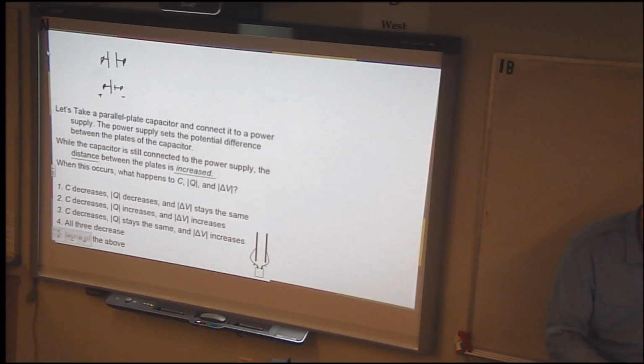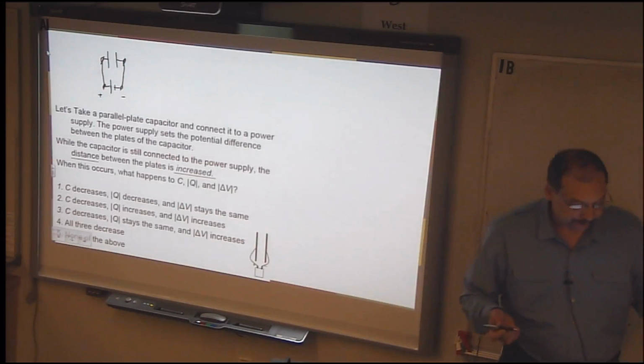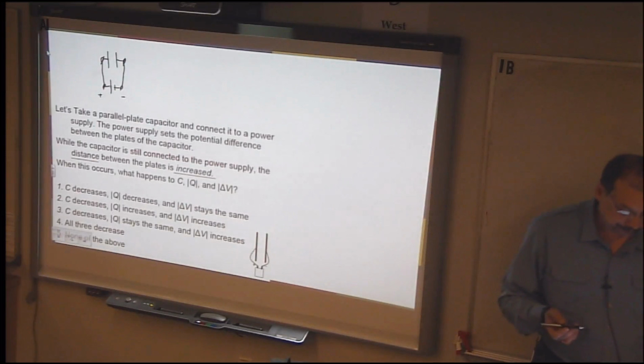And now we can connect a capacitor to a battery using wires. And now, what do we do? We move the plates apart. So if something changes, we always can draw two pictures. This is what we call before, before something had happened.